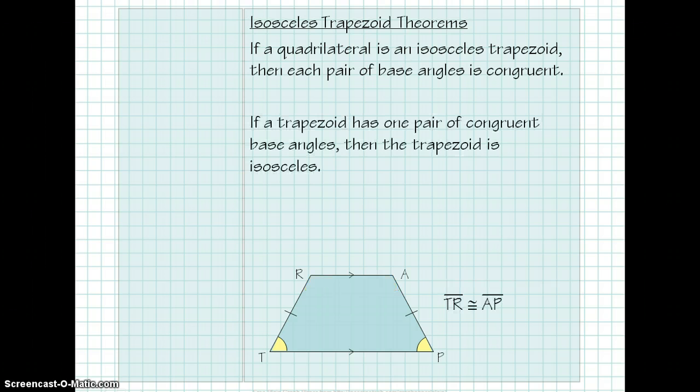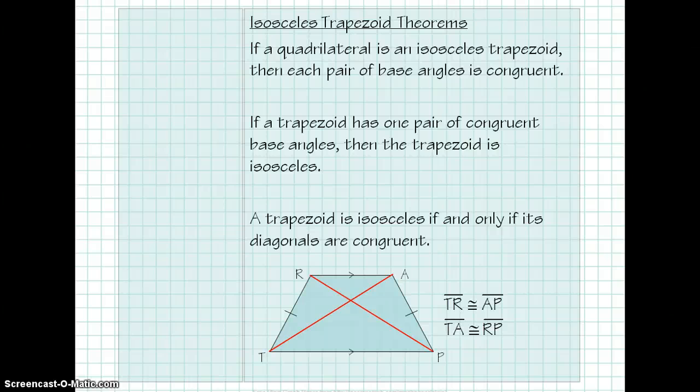Next, if a trapezoid has one pair of congruent base angles, then the trapezoid is isosceles. So if you've got a trapezoid and you know that this angle is congruent to this angle, then you have an isosceles trapezoid. Next, if a trapezoid is isosceles, then its diagonals are congruent. And if the diagonals are congruent, then the trapezoid is isosceles.